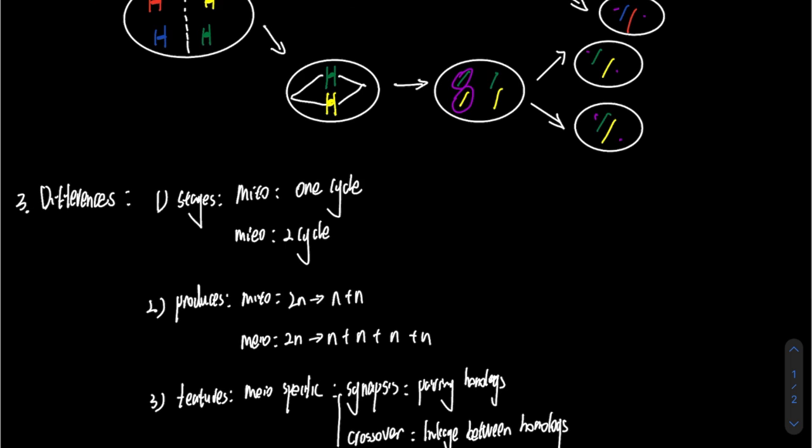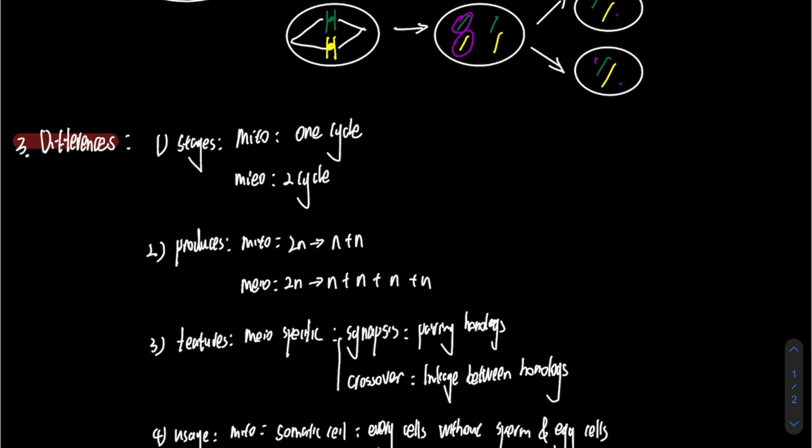So I'm gonna talk about some differences between meiosis and mitosis. So first, stages. Mitosis has one cycle, meiosis has two cycles. A cycle basically is prophase, metaphase, anaphase, and telophase.